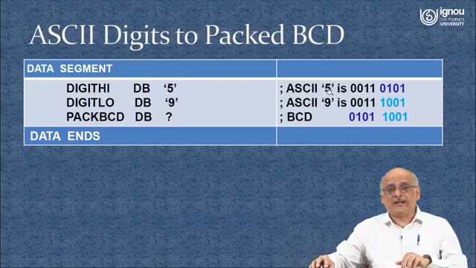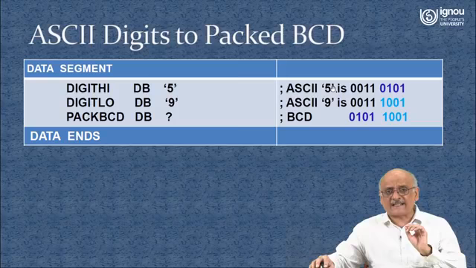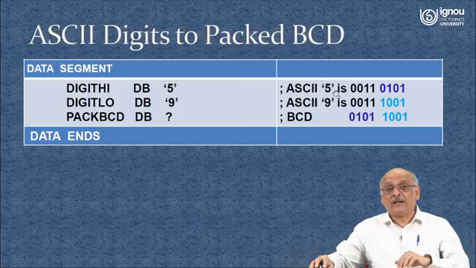So what I have here is 5 as 0011 followed by 0101. Now, this is very important. You can check the ASCII table. Check the equivalent hexadecimal, not the equivalent decimal value. This hexadecimal, if you see, is basically 3 and this is 5.